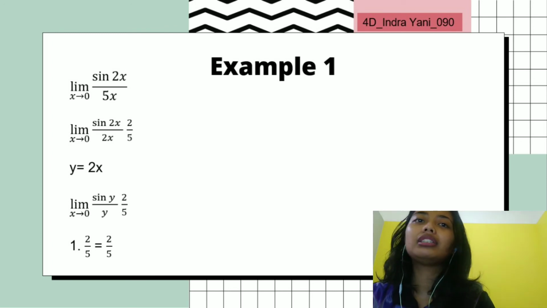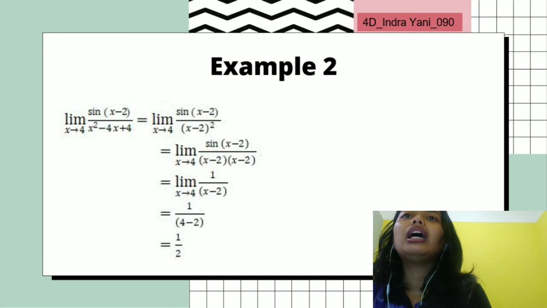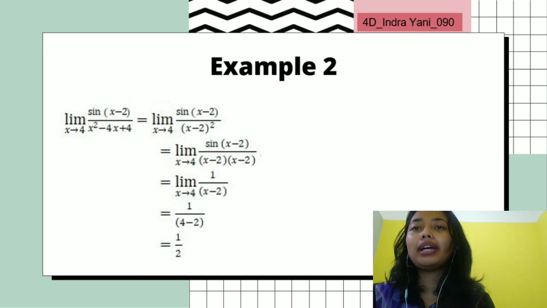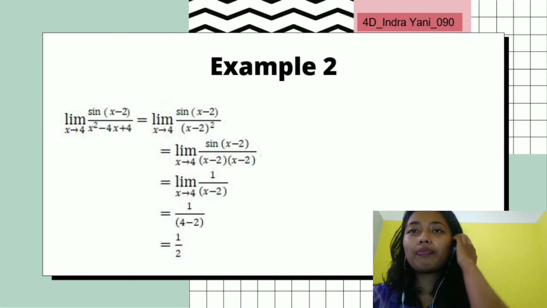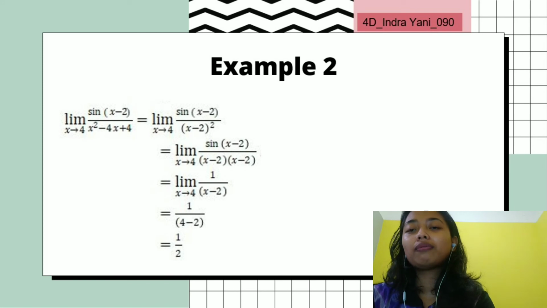Then we have example 2. Example 2 is limit sine (x minus 2) divided by (x squared minus 4x plus 4) as x approaches 4.